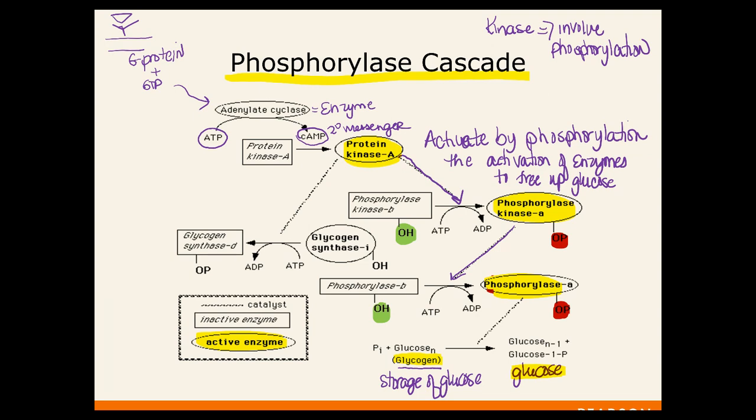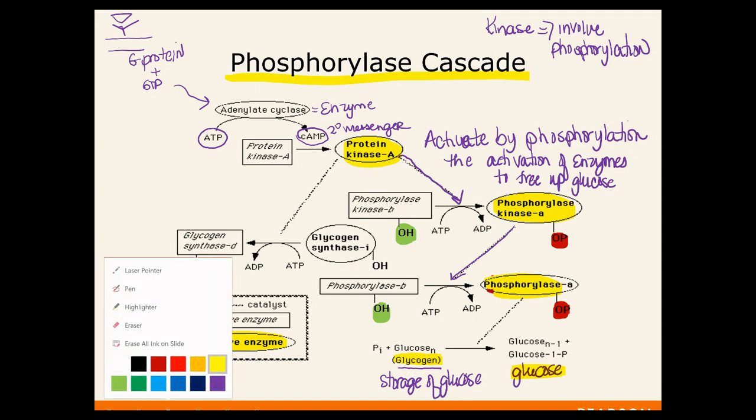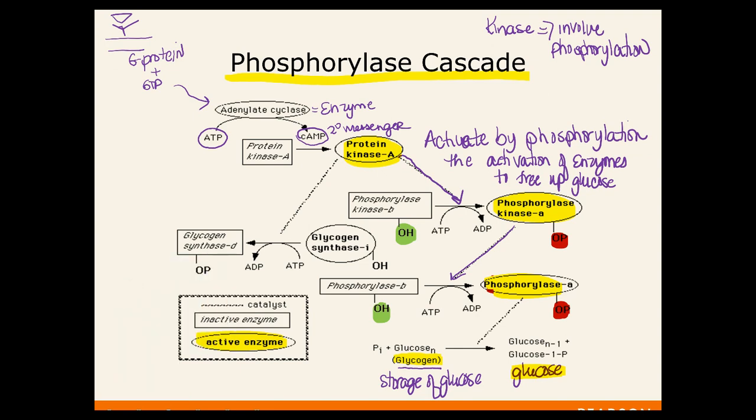Now that is a lot of work, but there's an amazing thing that happens here: you can have one binding event on the outside of the cell create a major event within the cell.